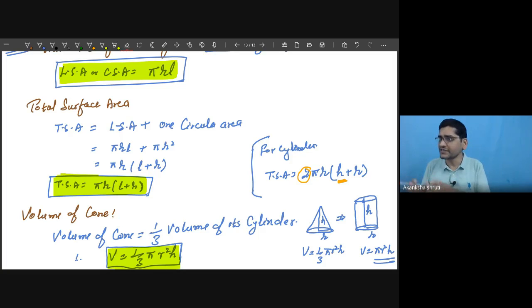Corresponding cylinder means the cylinder having the same radius and same height, then that cylinder will get filled. So this way we can say the volume or capacity of the cone is 1/3 that of the cylinder, or the capacity of the cylinder is 3 times the capacity of its cone.